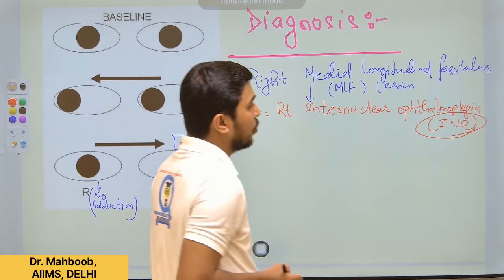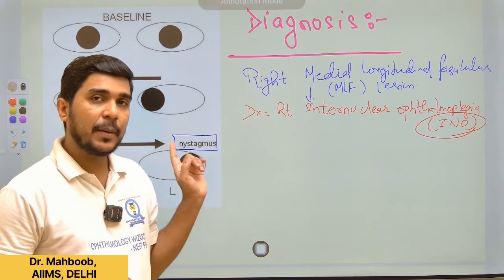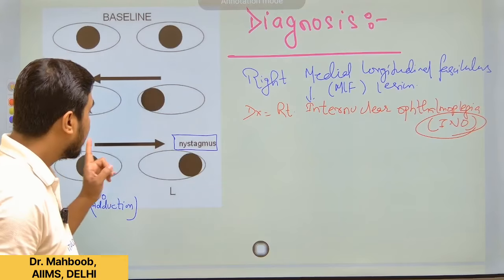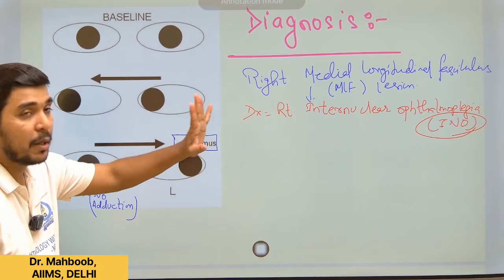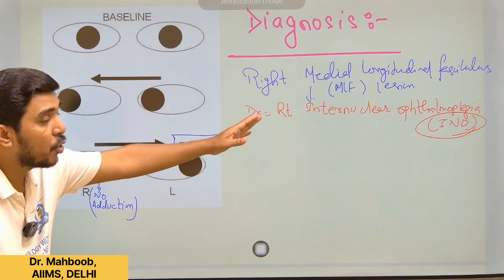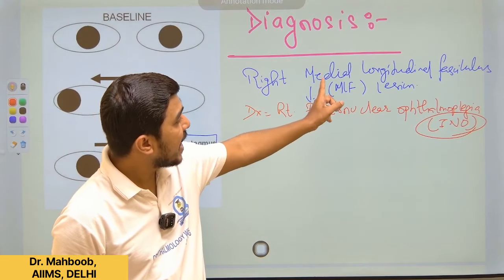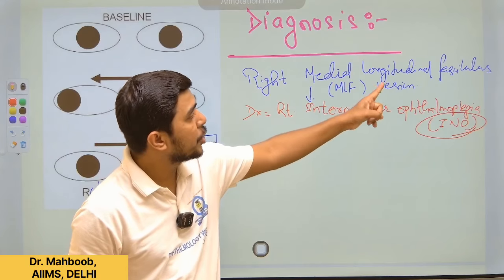Remember this INO. So this is a case of right internuclear ophthalmoplegia, because the right eye is not showing adduction, due to a lesion in the right MLF, medial longitudinal fasciculus.